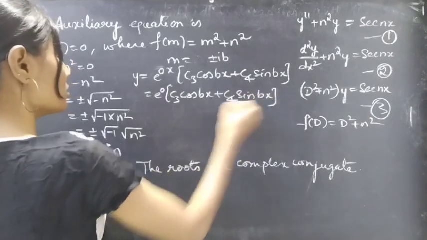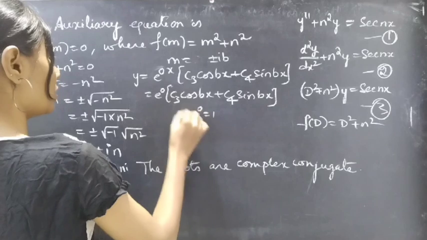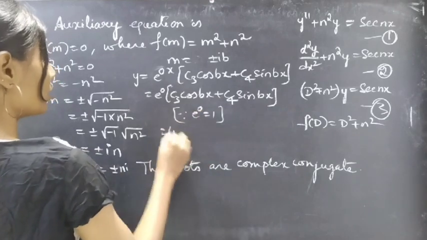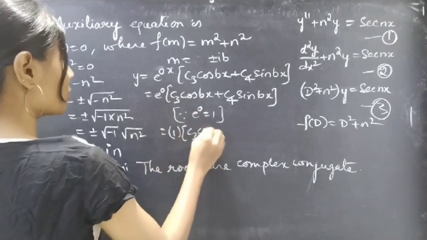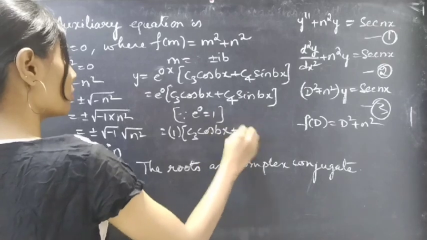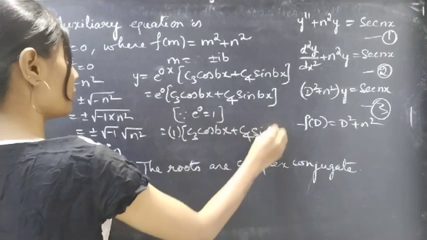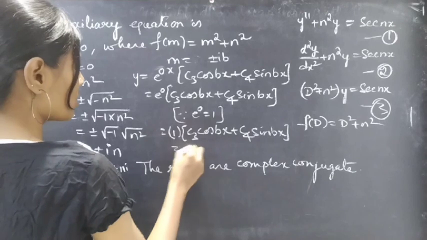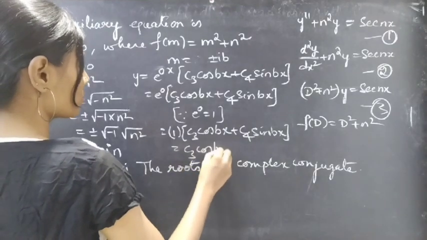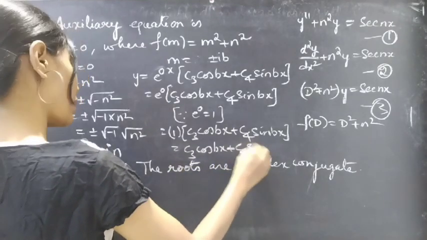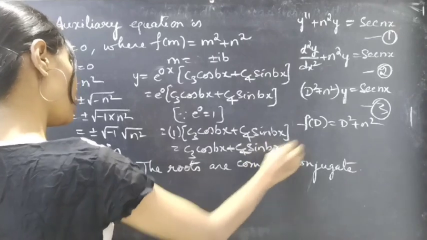Since e power 0 is 1, we'll get 1 into c3 cos bx plus c4 sin bx, which gives us c3 cos bx plus c4 sin bx, right?